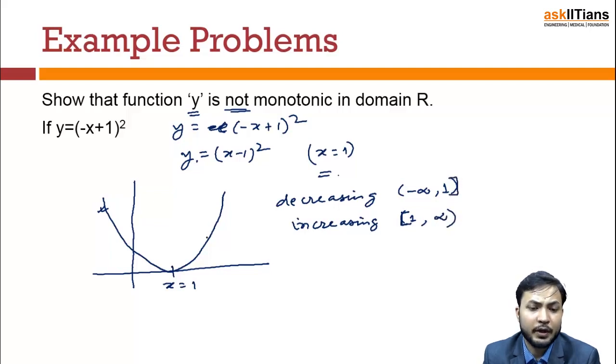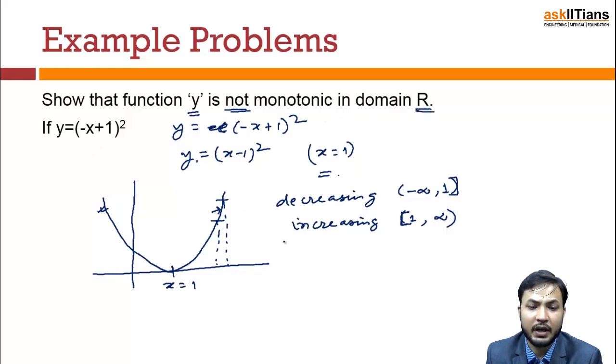Similar to the previous question, this is also not monotonic. Had the case been similar, let's say if I took this domain, then I could have said that it is monotonic, but I am taking the domain over here as R.